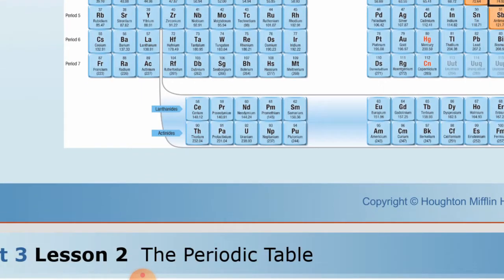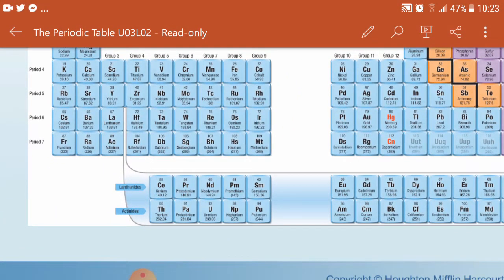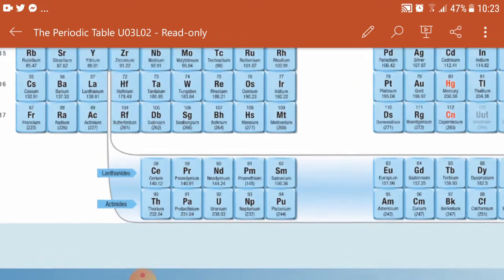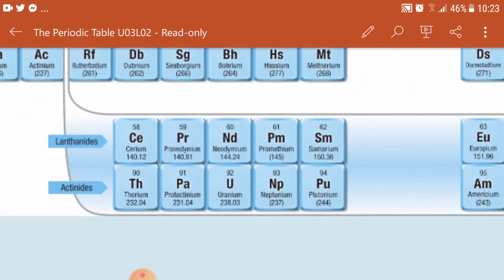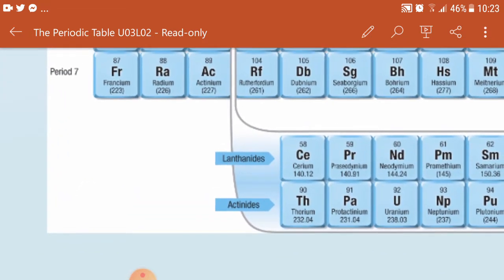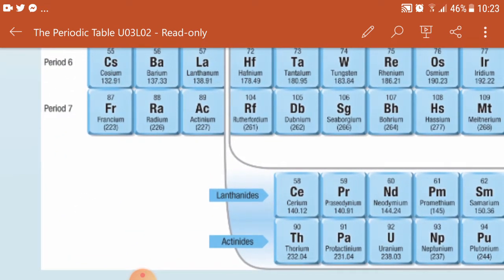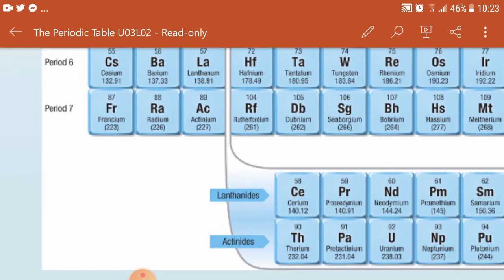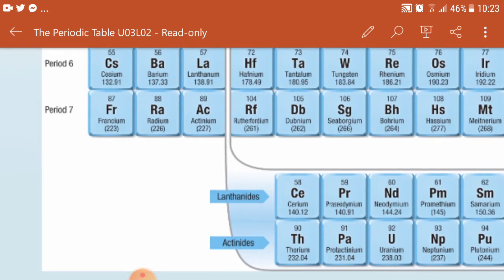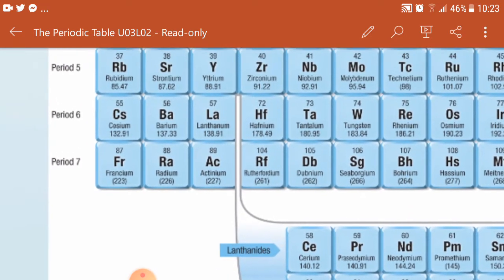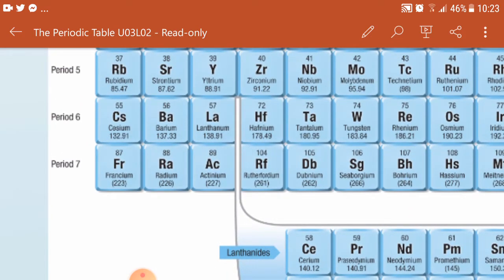Okay, now we have to talk again about these two lines down. They are not periods. They are parts of periods 6 and 7. What are these groups? Lanthanides and actinides. Why are they out? Actually, they have to be in this space. You see this space? Here we have lanthanum. It has the atomic number 57.